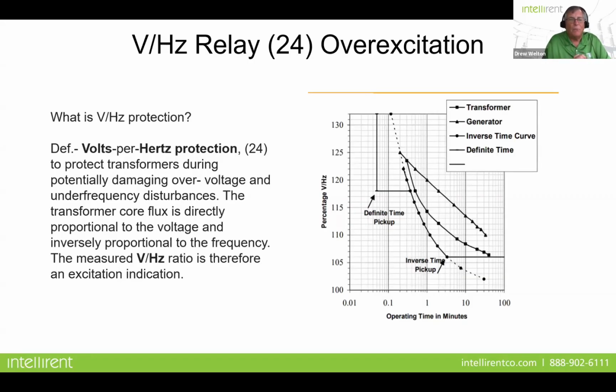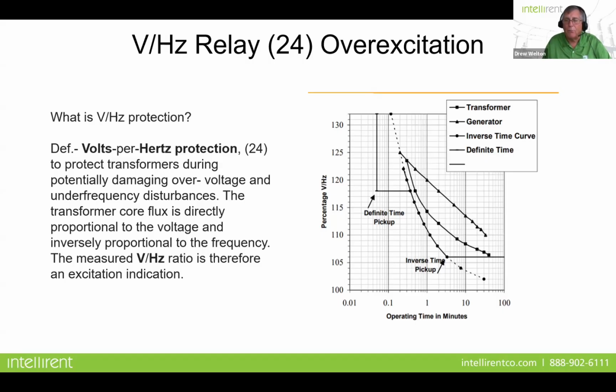Now, this is what volts per hertz protection looks like. You have an inverse time characteristic where you have your operating time in minutes and then your percentage of volts per hertz, because volts per hertz is always set as a percentage of voltage divided by frequency, where nominal voltage over nominal frequency equals one. As one starts to get away from the other, you have a higher difference of voltage to frequency.